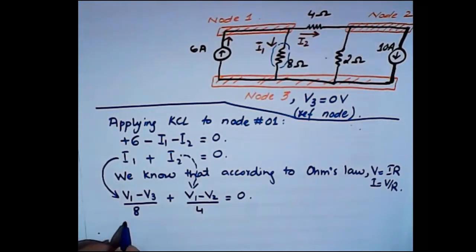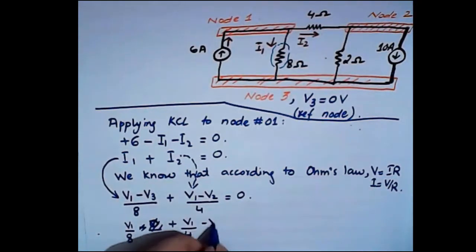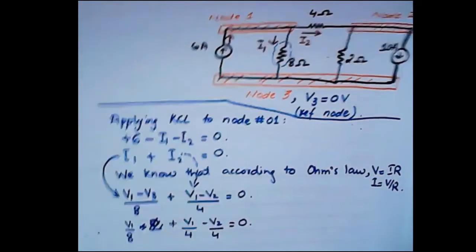Now we can simply sort it out. V1 upon 8 minus V3, and V3 is basically 0, so 0 upon 8 will be 0, plus V1 upon 4 minus V2 upon 4, is equal to 6.